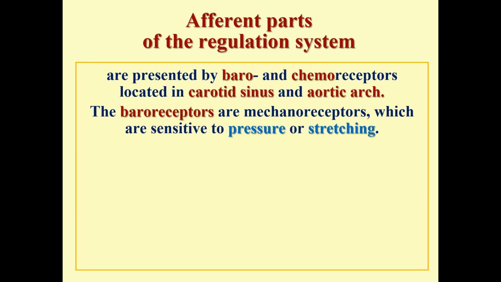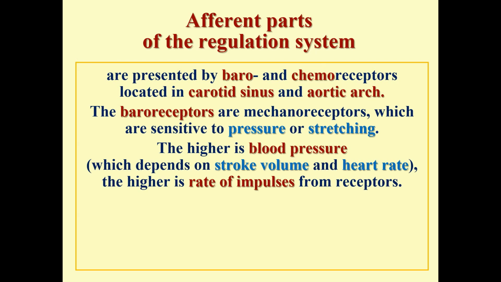Higher pressure stretches the arterial wall stronger. So pressure and stretching go in parallel, usually. The higher the blood pressure, the higher is the rate of impulses from receptors. And blood pressure becomes higher when stroke volume and heart rate increase, both or each individually.